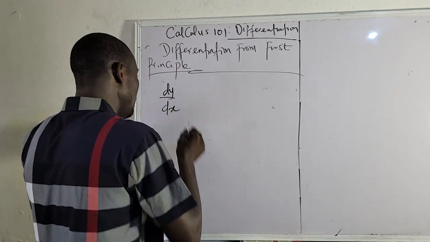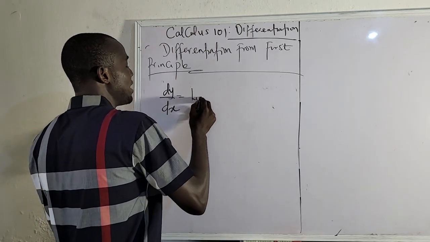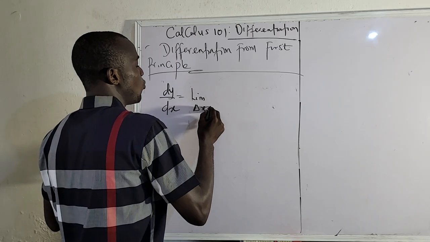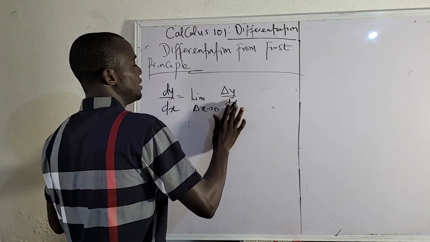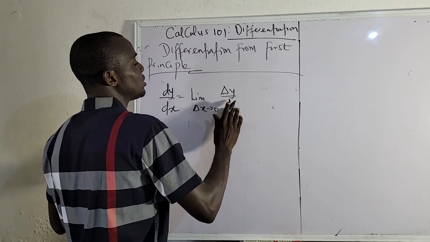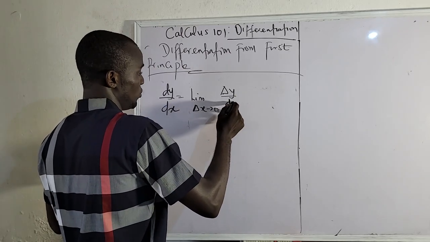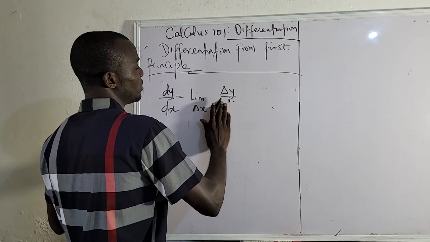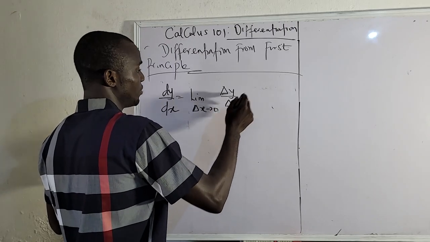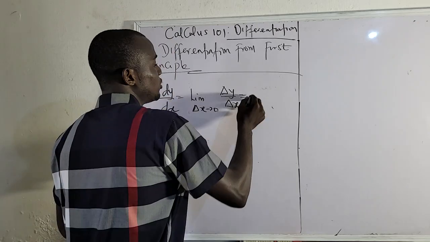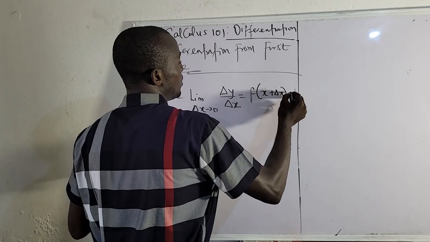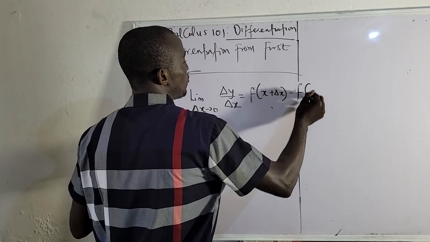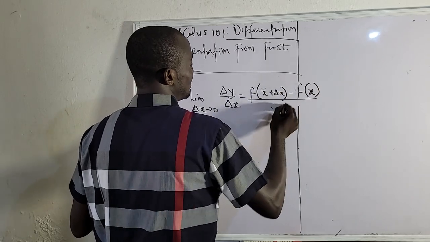And we say that only happens when the change in x approaches 0. So that is what we have. And we have that this is going to be f of x plus change in x minus f of x, over change in x.